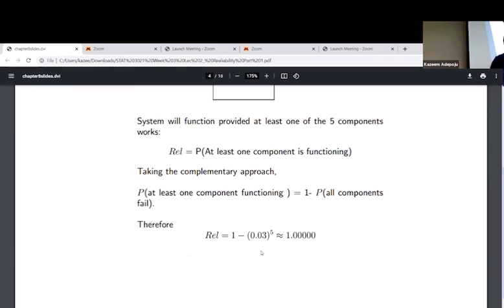The probability of S greater than or equal to 1 is equal to 1 minus the probability of X less than 1. I think you know that, right? So you find the failure of each component, you multiply them, then you subtract from 1. And to find the failure of each component, you find the complement of the reliability.